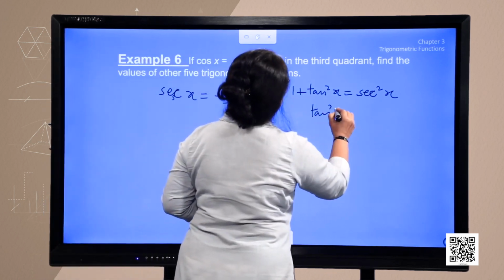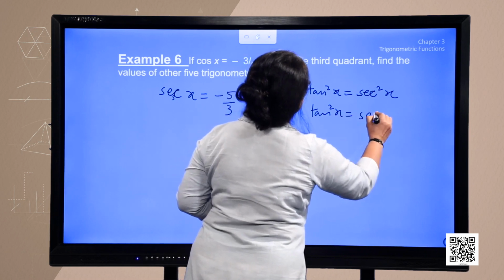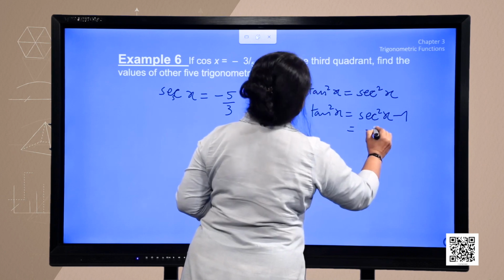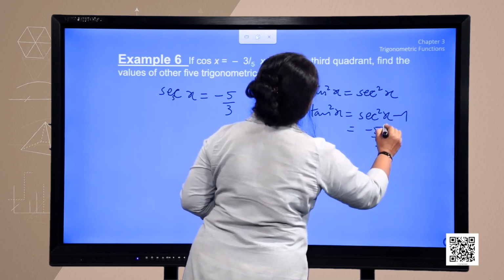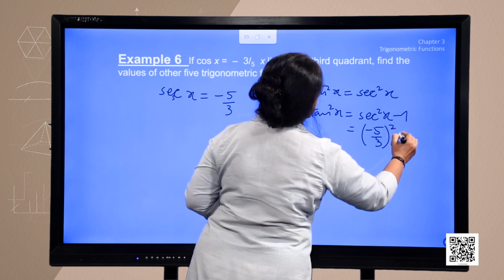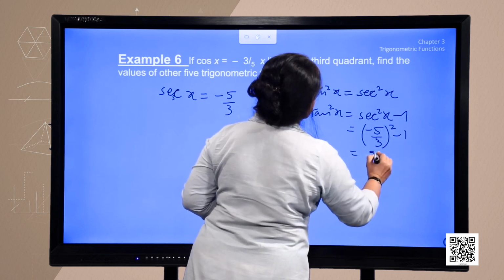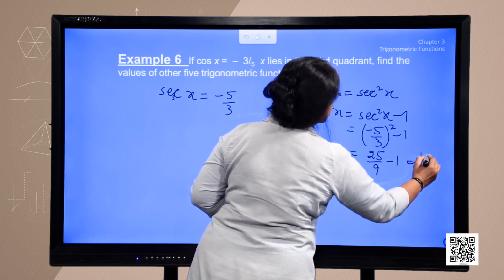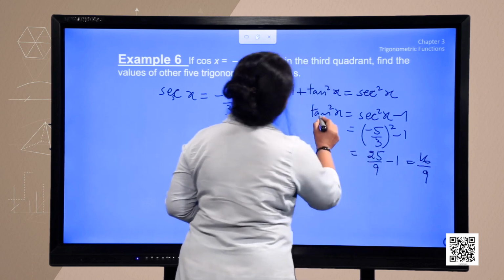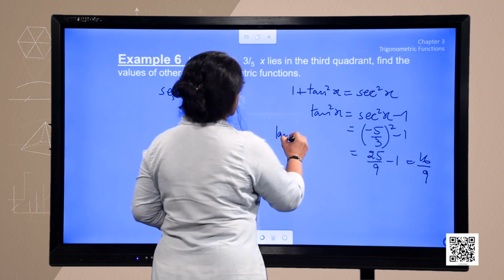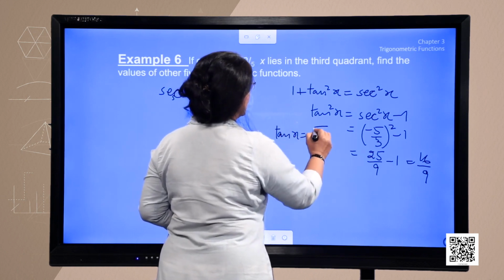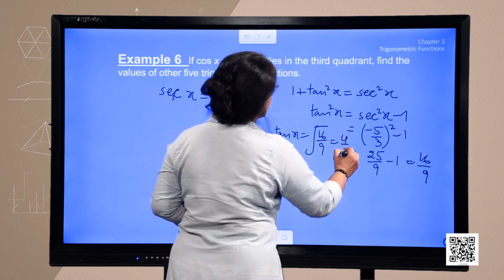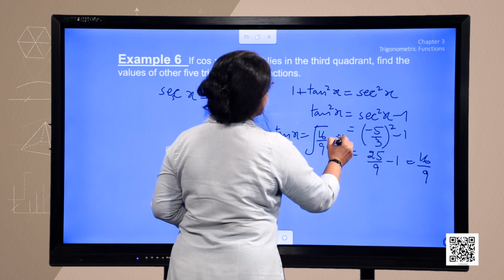So, tangent square x is equal to sec square x minus 1, sec is minus 5 by 3, so 25 upon 9 minus 1, which is 16 upon 9. This is tangent square x. So, tangent x is root of 16 by 9, which is plus minus 4 by 3.